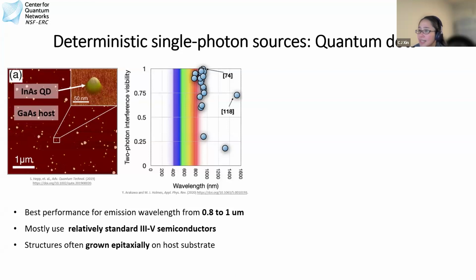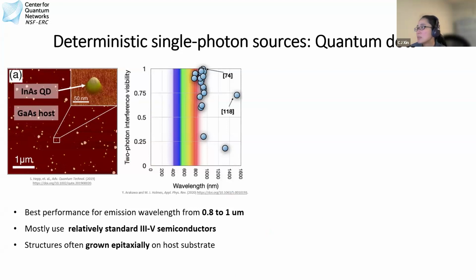how they are made. These structures are often grown epitaxially on a host substrate. These things are generally way too small to actually reliably make using lithography, I think. So usually what happens is that you grow it layer by layer.